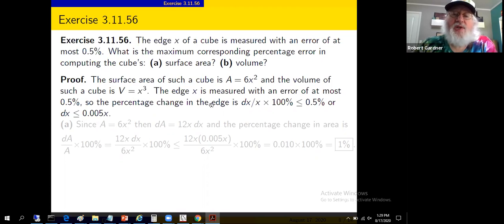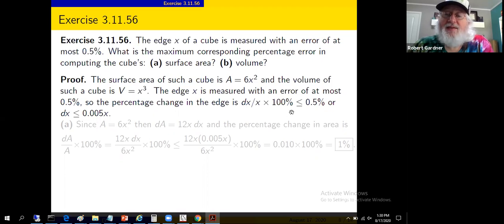So the percentage change in the edge is dx over x times 100. Different fonts here, this software generated these fonts. That's a times symbol, and these are x's. I know they look similar, but we took the estimated change divided by the magnitude and then multiplied by 100%. That's what we called our estimate of the percentage change, and we're told that's measured with an error at most 0.5%.